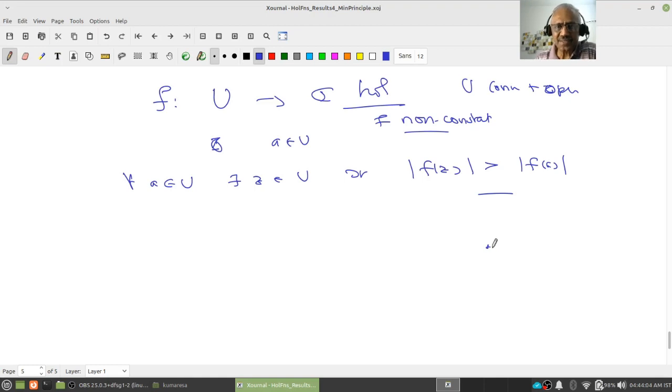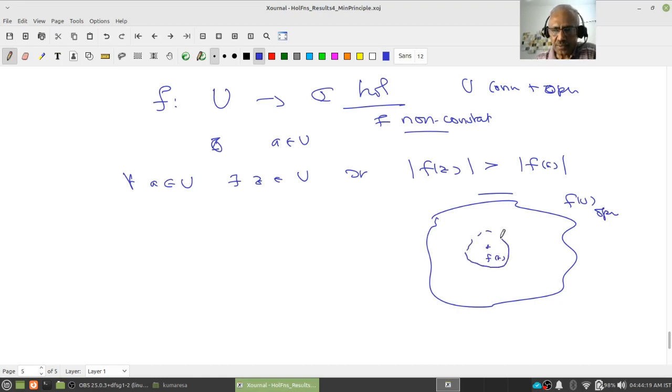F is non-constant, and f of U is open, because by the open mapping theorem f of U is open. This is my f of a. Therefore, what do I know? I know there exists an open ball around this. There is an R positive so that B(f(a), R) is contained in f of U.